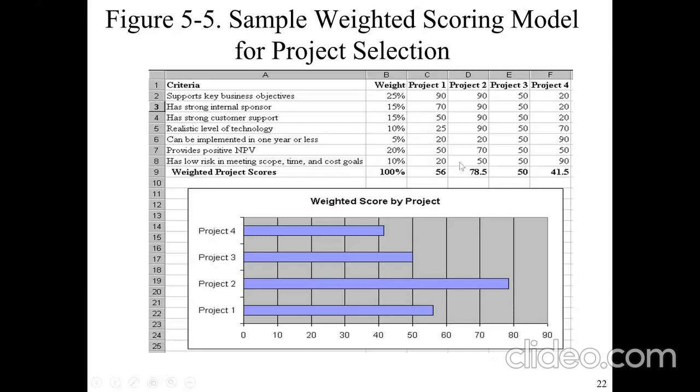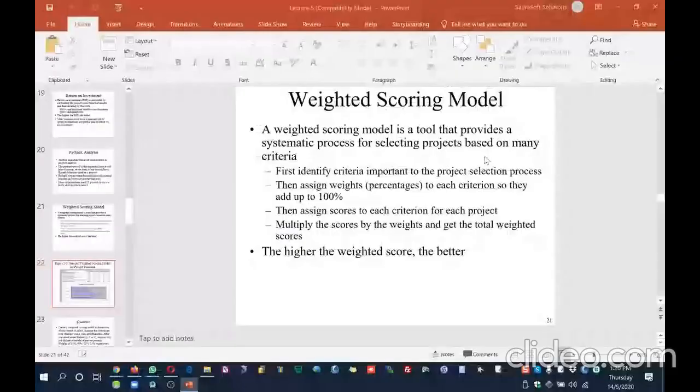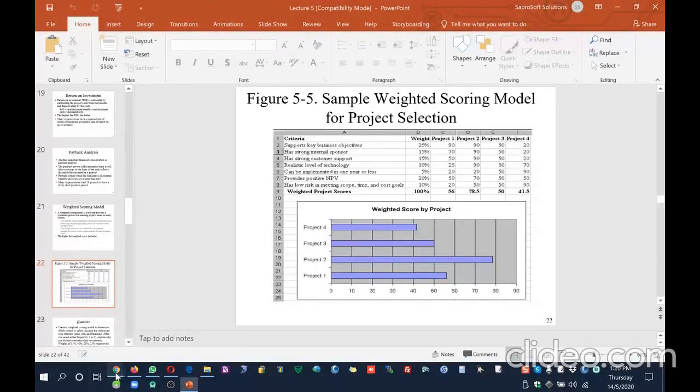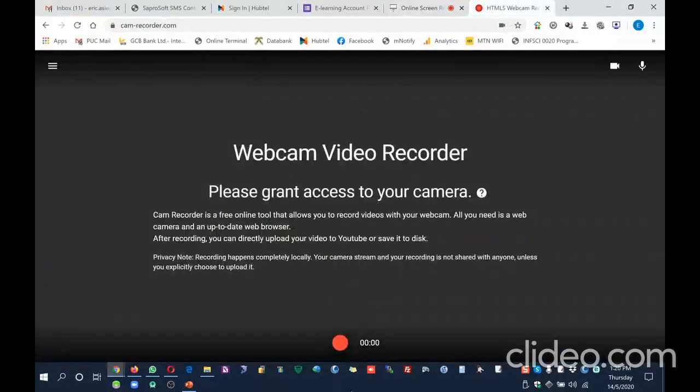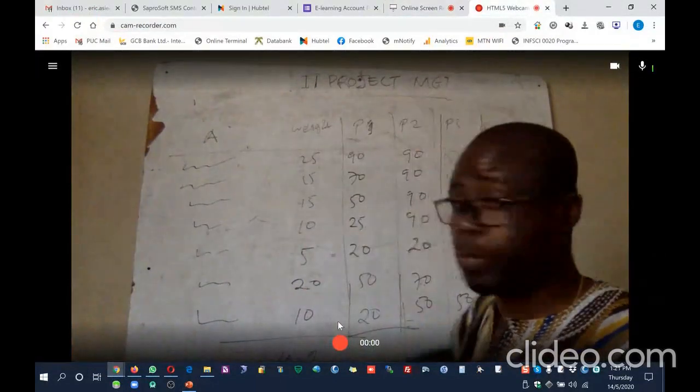Then how did they get this weighted score? Let's now see how we calculate it. So let's switch to my screen so that we can demonstrate how the calculation is done. I'm going to copy this onto my screen quickly. Okay, welcome to my whiteboard. Now I've copied them quickly.